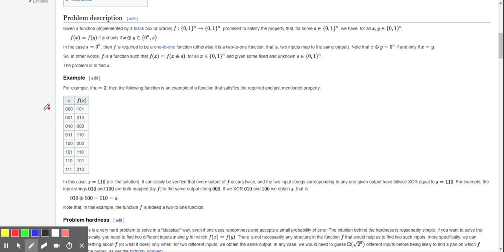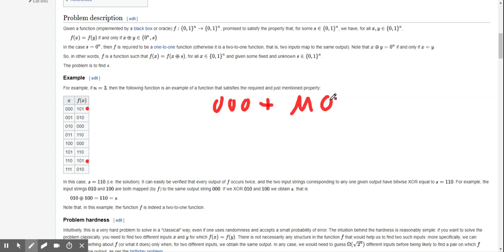So for example, if you measure 101, you're going to get the 0, 0, 0 plus 1, 1, 0 superposition, right?